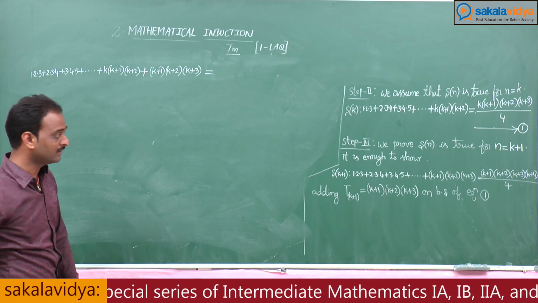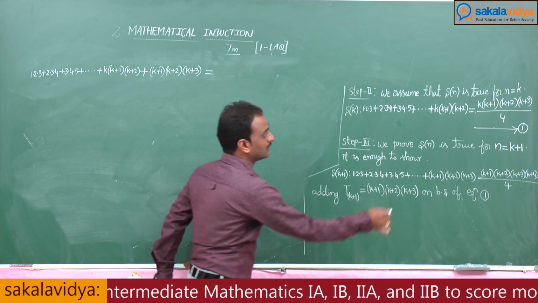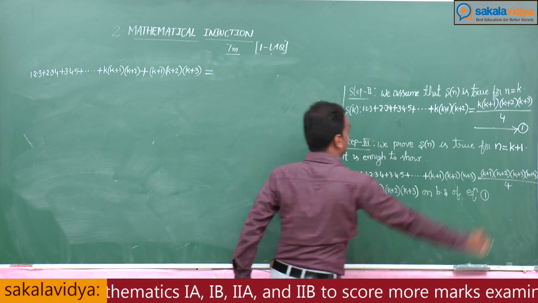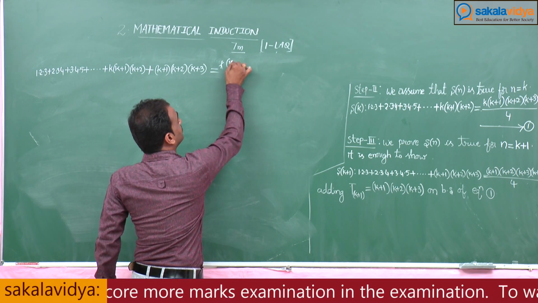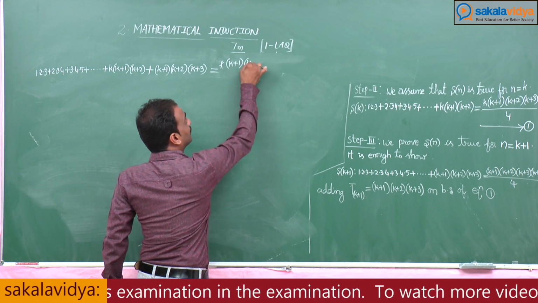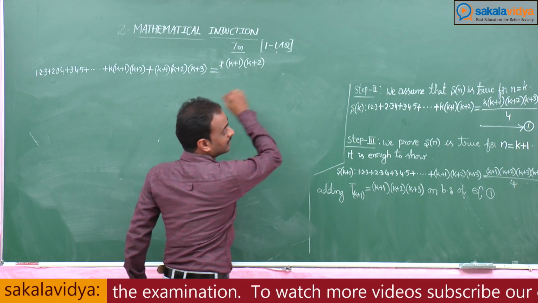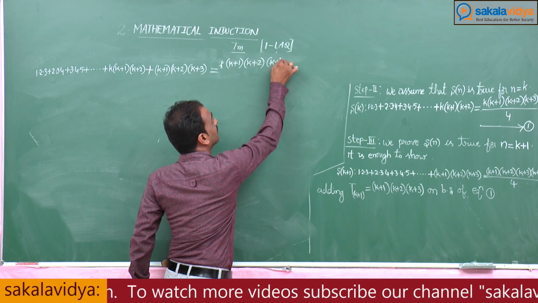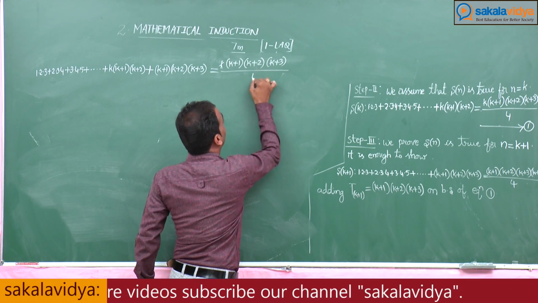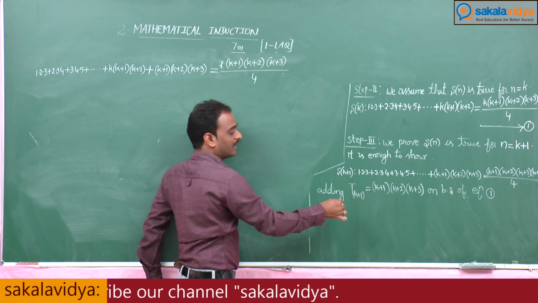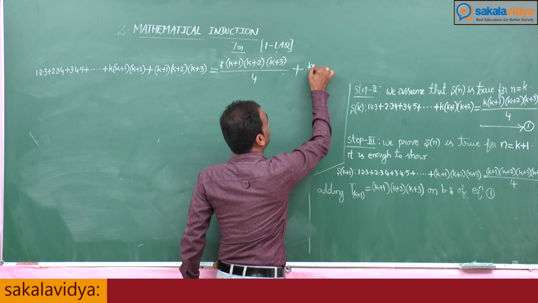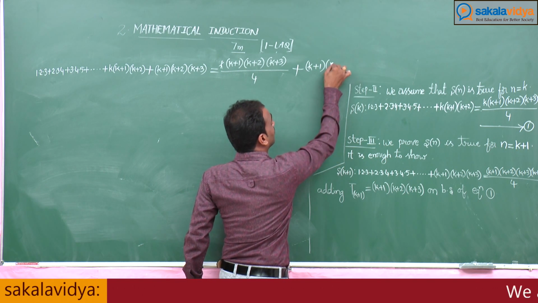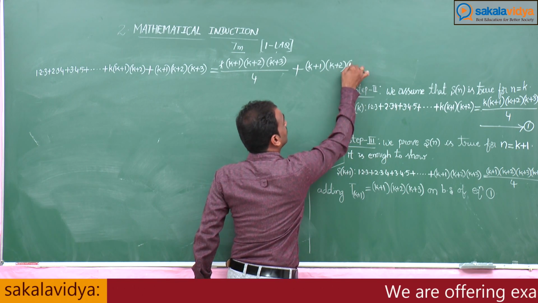On the RHS of equation 1 we have k into k plus 1 into k plus 2 into k plus 3 by 4. Now adding the k plus 1 term, k plus 1, k plus 2, k plus 3.